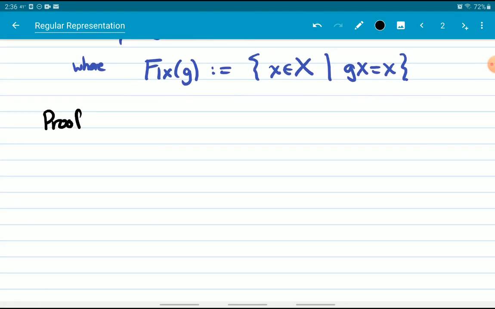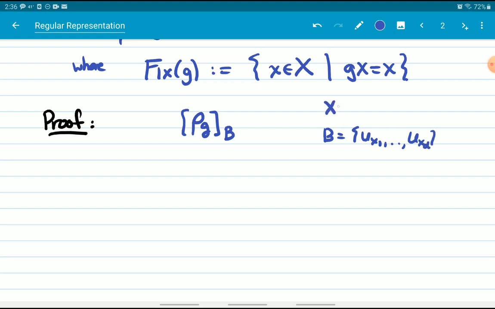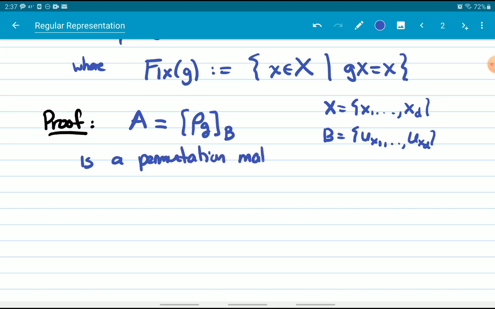Why is this? Well, if I take rho g and I'll write it in terms of the basis, let's write ux1 up to uxd corresponding to the elements of the set X. So let's call that matrix A. Well, that is a permutation matrix. That is, it's a matrix which in each column has exactly one entry, which is 1, and all the other entries are 0.